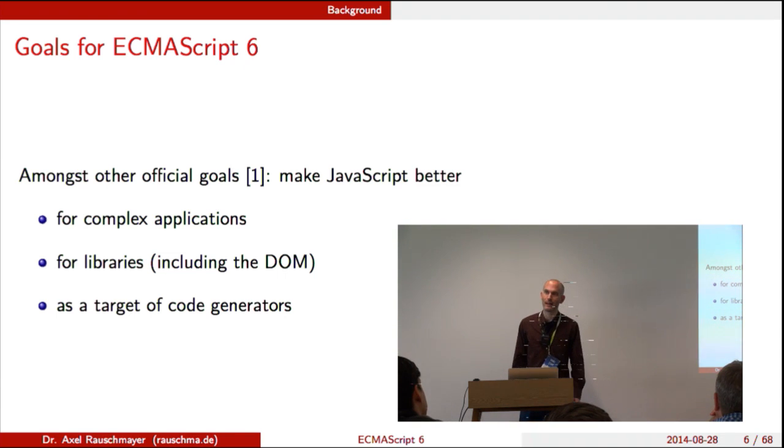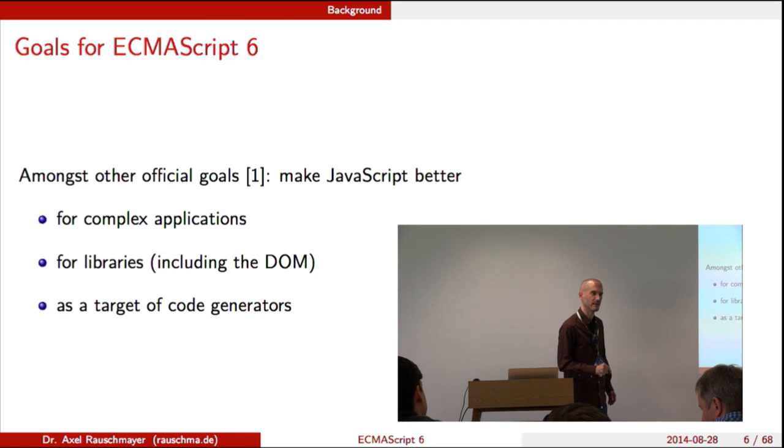More and more languages are compiled to JavaScript, and supporting that well is one of the goals for ECMAScript 6. But obviously, it's still a really, really nice language to code in yourself.